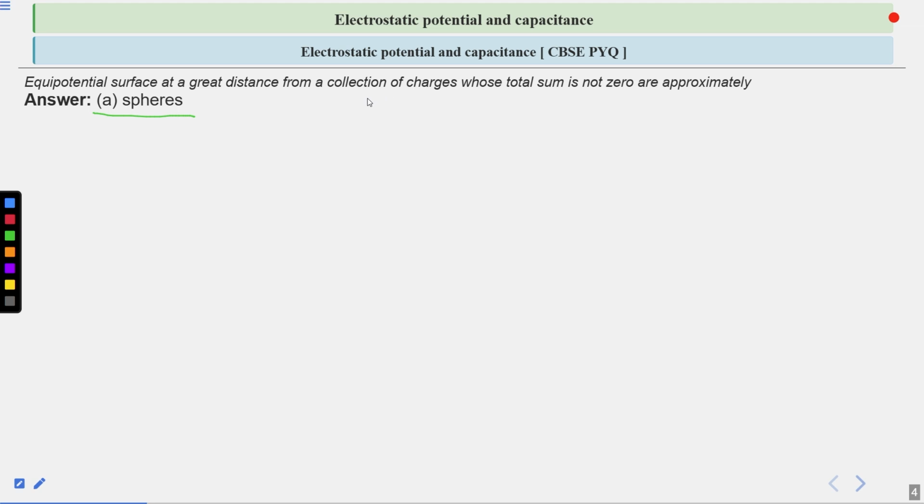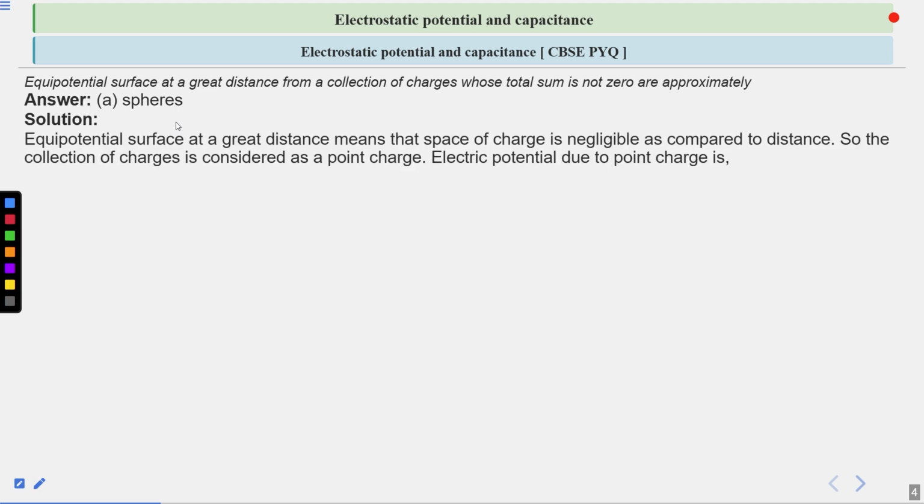So this is assumed to be a point charge. So due to a point charge, what are the equipotential surfaces? They are spheres. So approximately the equipotential surface will be a sphere.